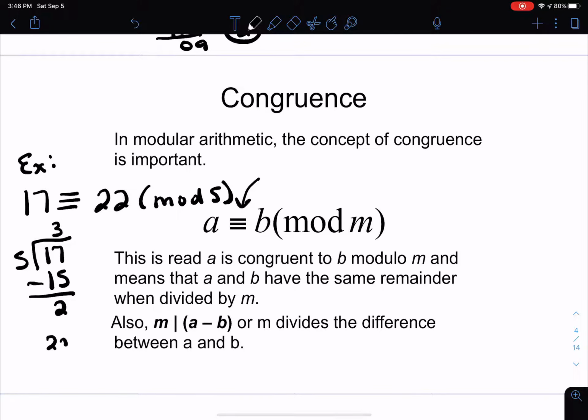And if you do 22 divided by 5, you also get a remainder of 2. So that remainder of 2 is what's important here. They both have the same remainder, and that's what makes them congruent.